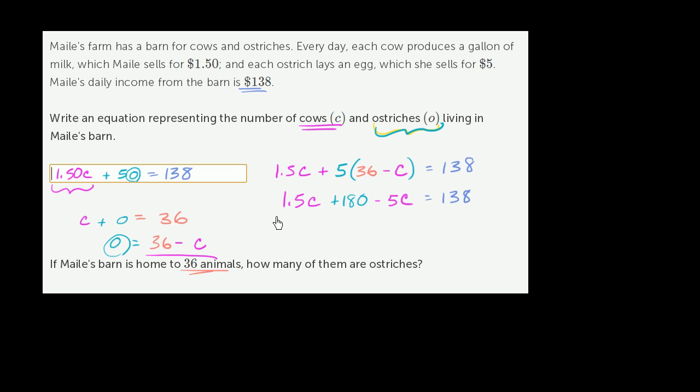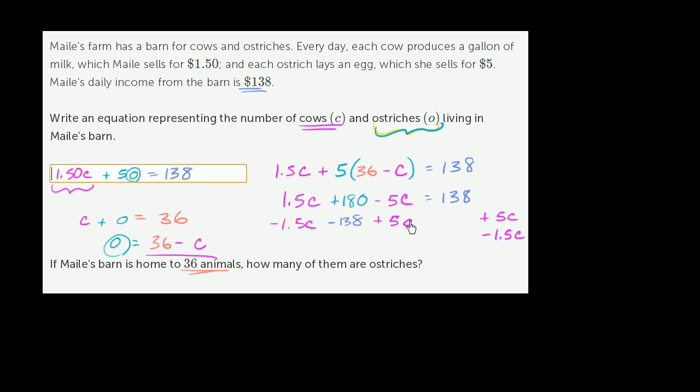So let's see, let's add 5C and subtract 1.5C from both sides. I'm really trying to get the C's on the right-hand side. So we're going to add 5C to both sides. We're going to subtract 1.5C from both sides. And let's subtract 138 from both sides.